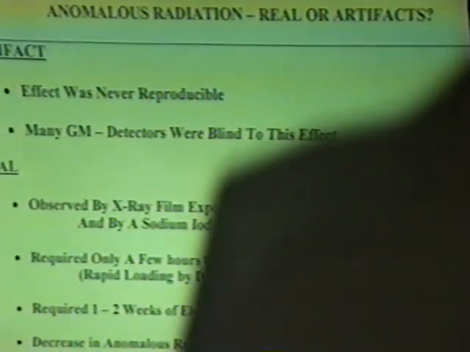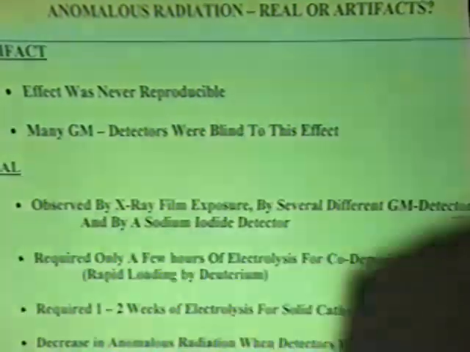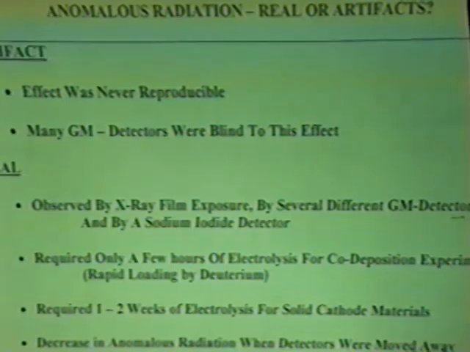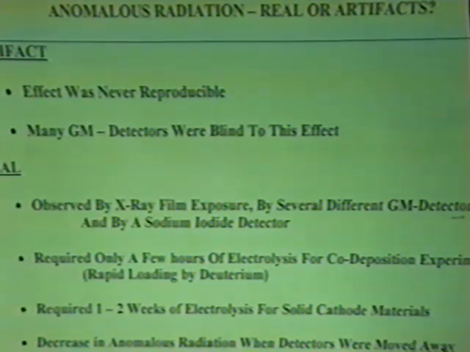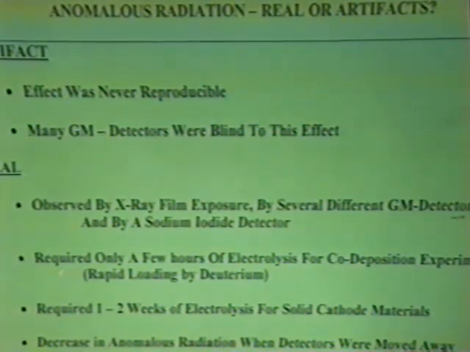And then just to summarize, the anomalous radiation, real or artifact? Of course we think it was real, but because we often could not see it at the same time with two different detectors, we never published this. This is in our final report written for the Navy, but we never tried to publish this in any journal.